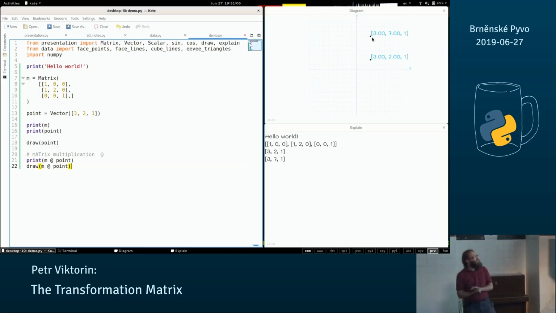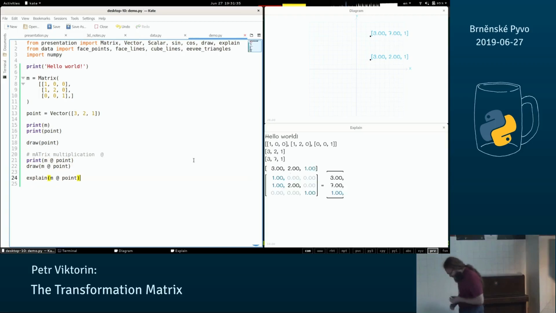Alright, now another question for you. Who of you remembers how to do matrix multiplication with vectors? Kinda. Well, this is the one algorithm that I'll actually go through and explain to you how it works, because it's really interesting.